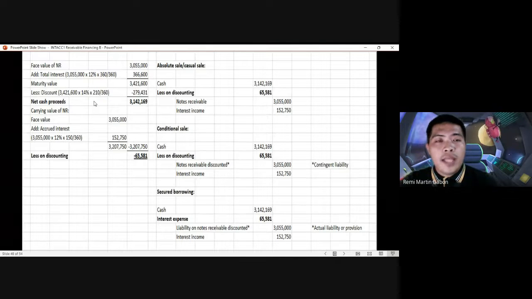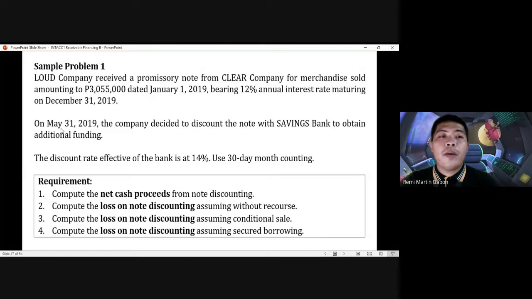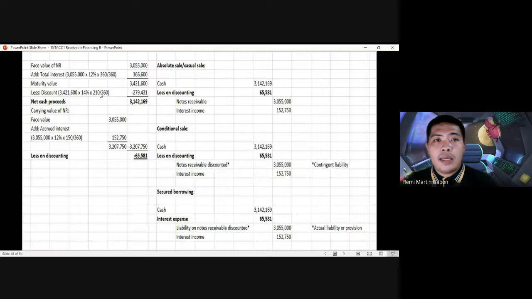If we're going to use number of days, count from May. Since May is already a complete month, we're going to start with June. So full month of June, July, August, September, October, November, December. So that is equivalent to 7 months. 7 months times 30 days, we have 210 days. Kaya 210 dito.